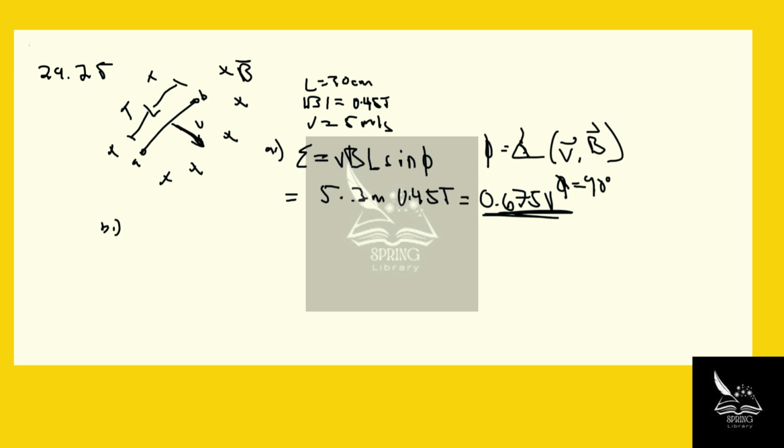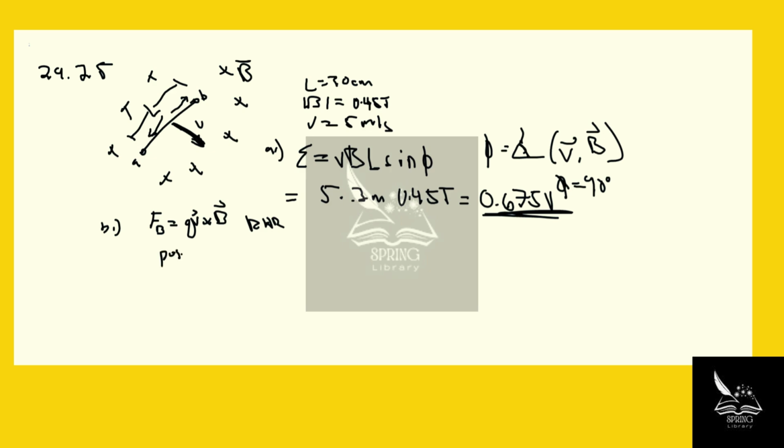For part B, we want to figure out which side has a higher potential. An easy way to do this is by figuring out which way the charges will be pushed. We know that the force from the magnetic field is given as QV cross B. Using the right hand rule, for a positive charge, you can just take V cross B. V cross B gives the right hand rule of pushing the positive charge this way. That means the negative charges are pushed this way.